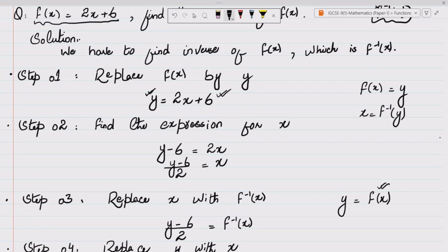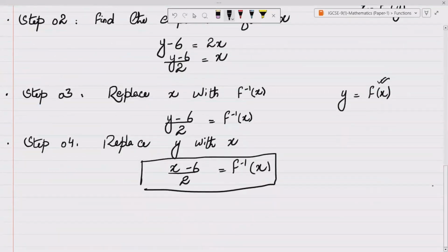So in place of x, you can write f inverse y as well. But this is really a simple thing, don't go into the deeper details and confuse yourself. Just in step 3, when you find x, replace x with f inverse x and replace y with x, and you are done with the calculation to find the inverse function.